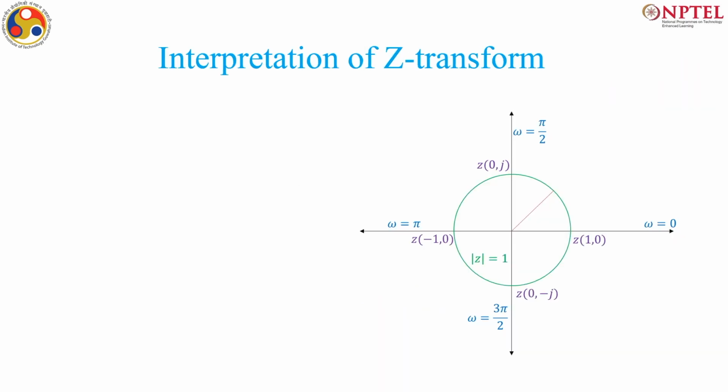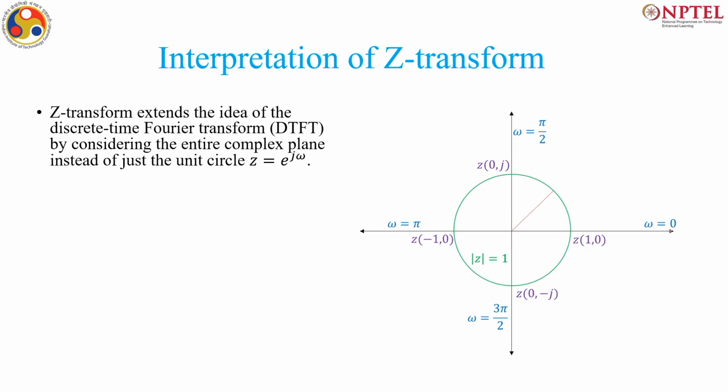Now, how do we interpret that? This is what I was talking about. We have this z plane, and these are the values of omega, where this angle is 0 degree, right up the y axis is pi by 2, the negative x axis is pi, and the negative y axis is omega equals 3 pi by 2.